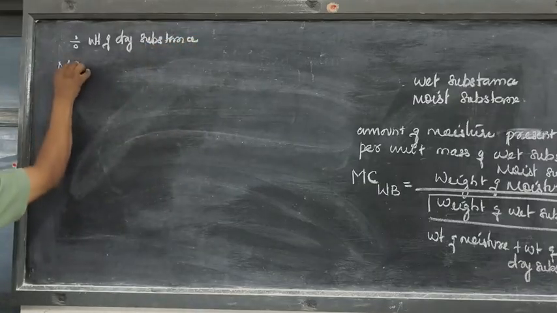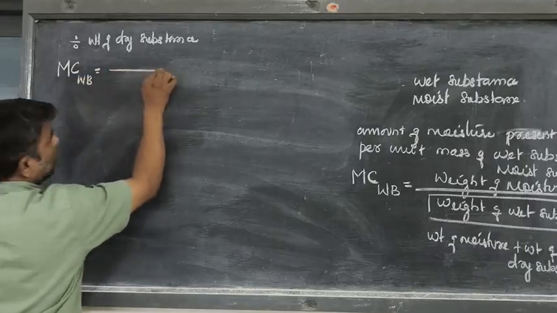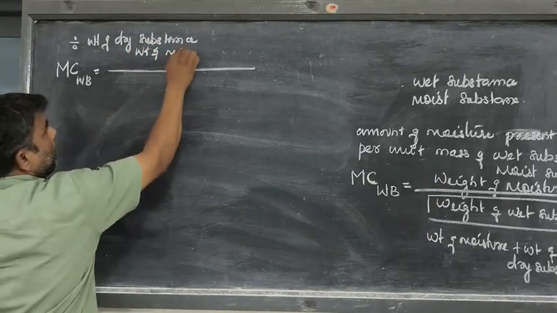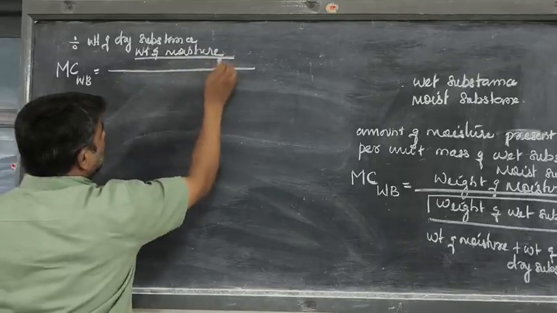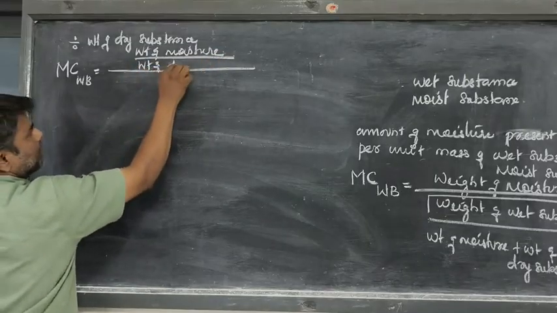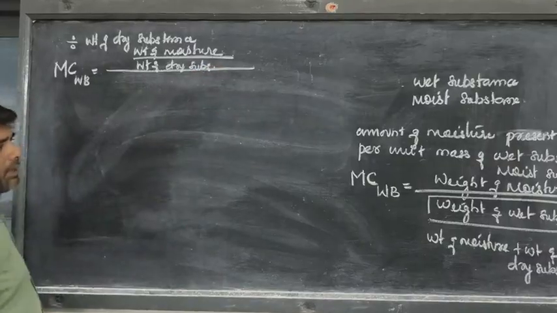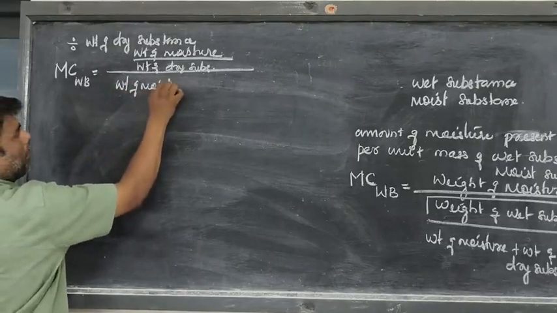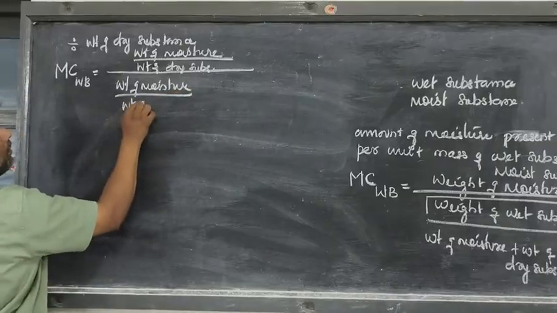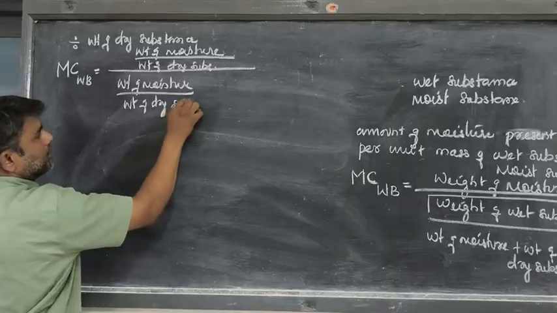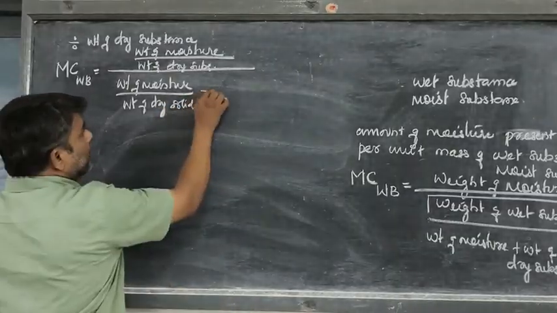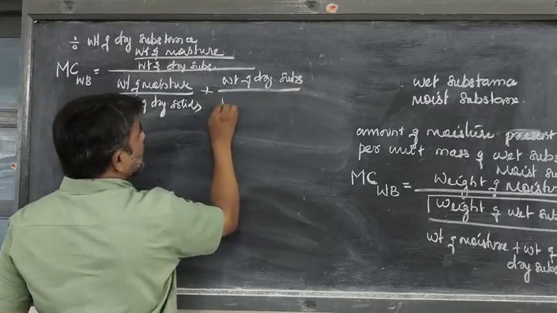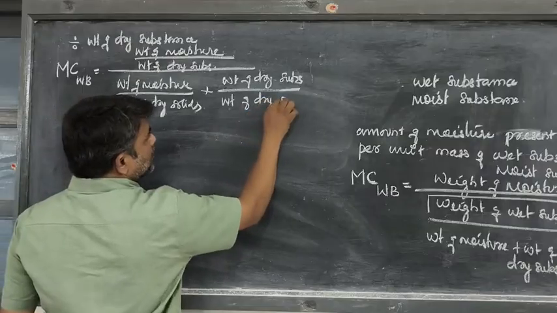So moisture content on wet basis is equal to weight of moisture divided by weight of dry substance, divided by weight of moisture divided by weight of dry solids or dry substance plus weight of dry substance divided by weight of dry substance.